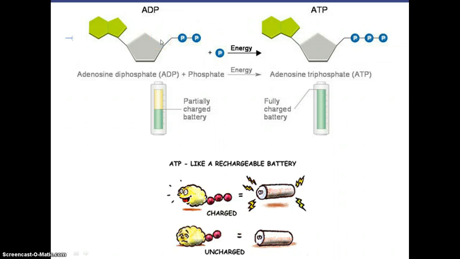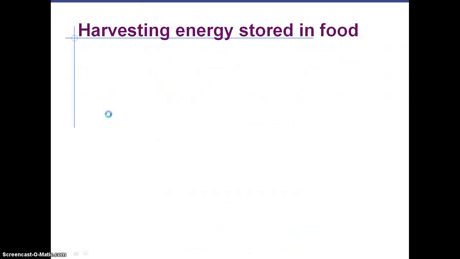You're then left with ADP, adenosine diphosphate, with two phosphates, and this inorganic phosphate. So you reattach this by putting some energy in, or recharging your battery, and you have functional ATP.